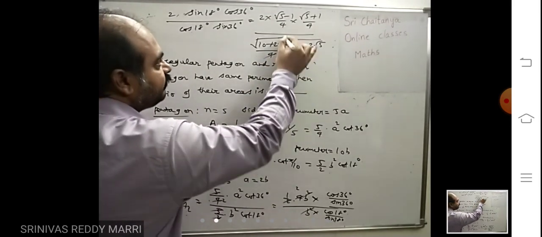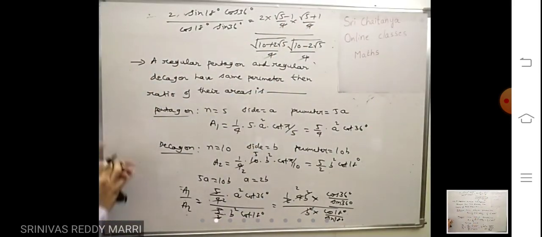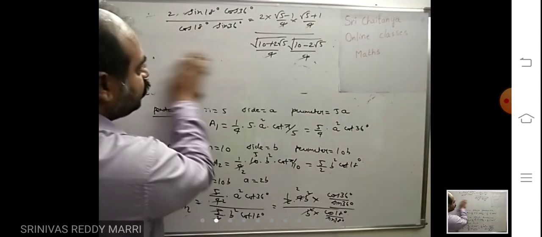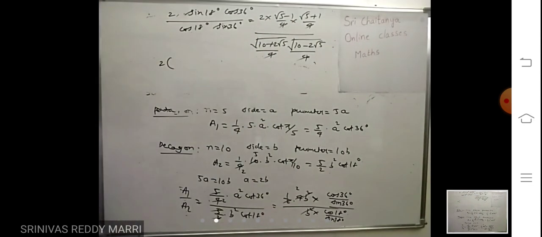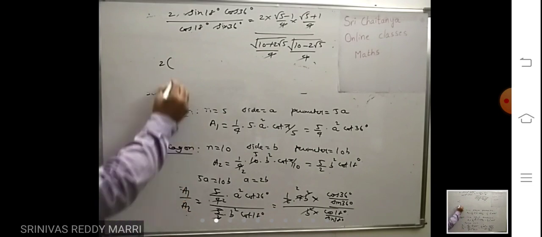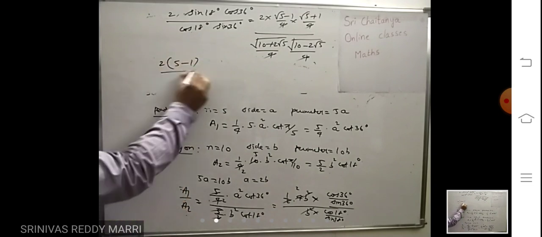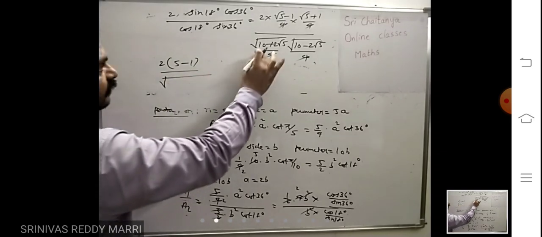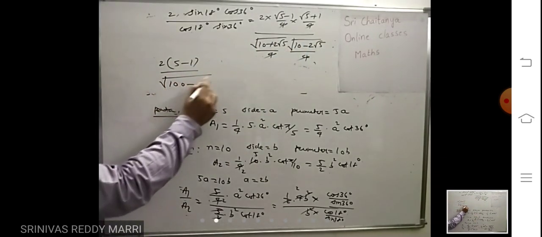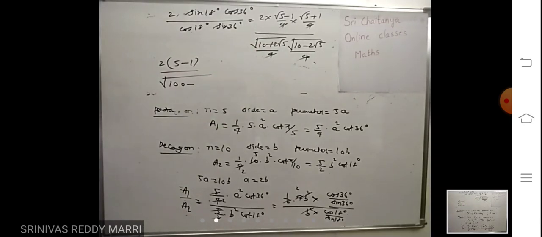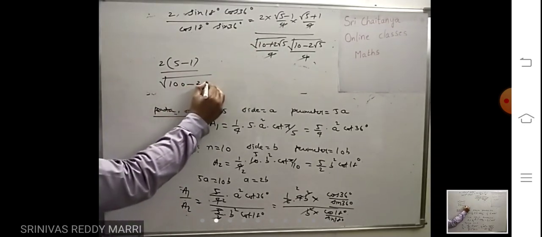So 4 will get cancelled. Now in the numerator, a plus b into a minus b: this is nothing but 2 into root 5 whole square minus 1, 5 minus 1, divided by root of a plus b into a minus b. So 10 squared minus 2 root 5 whole square means 100 minus 20.